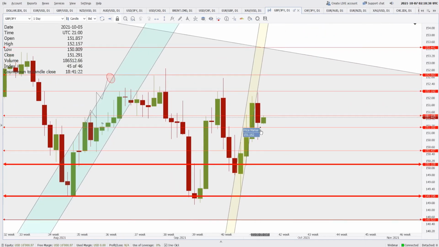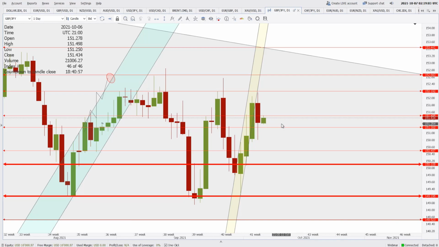GBPJPY, yeah, there is an uncertainty here. After a bullish candle, the price failed to break below the low of that candle. Of course, yesterday it broke the high, but closed in the red. So there is a lot of uncertainty in GBPJPY.